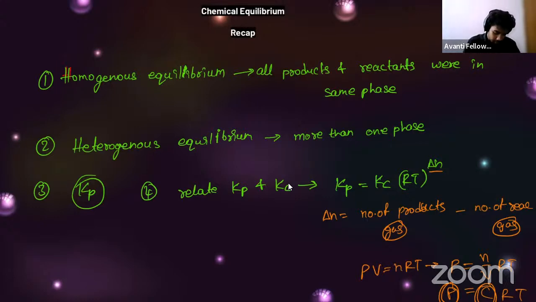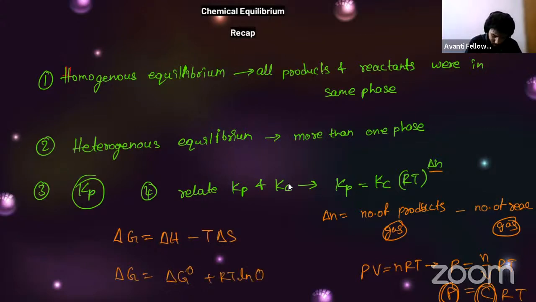This is what we learned yesterday, and at last we ended up with the Gibbs free energy equation, where delta G equals delta H minus T delta S. Then we came to a new equation, where delta G equals delta G naught plus RT ln Q. Q is nothing but our reaction quotient, right? We learned what happens if it is greater or less than K equilibrium.